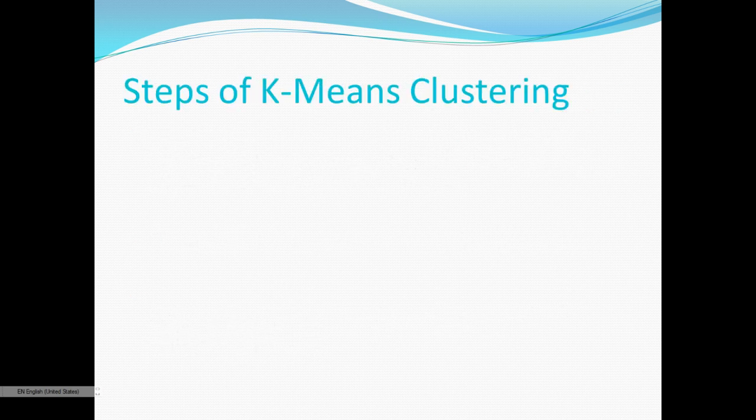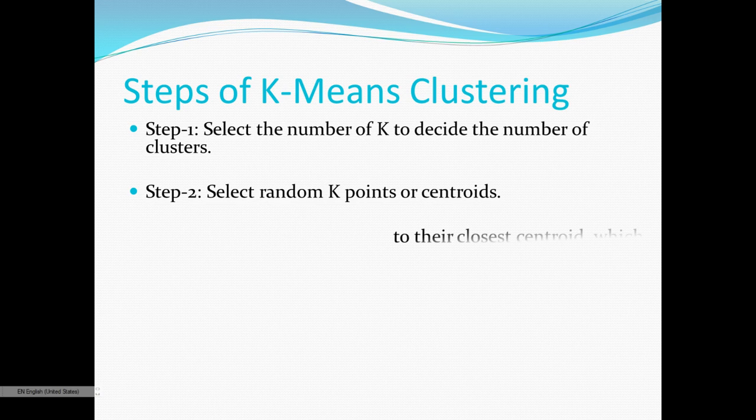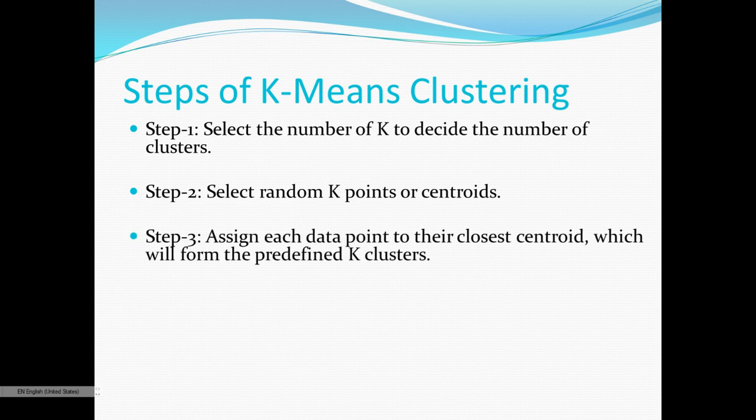Now the steps of K-means clustering. Step 1 is to select the number k to decide the number of clusters. Step 2: select a random k points or centroids. Step 3: assign each data point to its closest centroid, which will form predefined clusters.